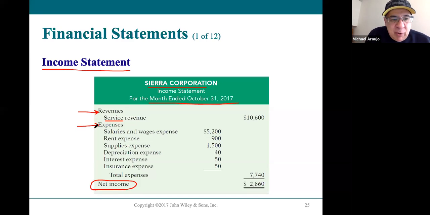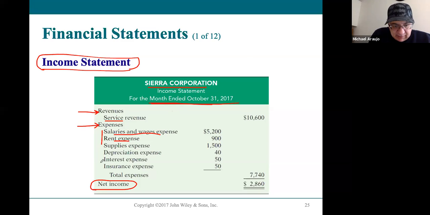Expenses are another category on the income statement. Expenses are all the costs that Sierra Corporation had to incur in the month of October to provide those tours to their customers. As you notice here, there are many different types of expenses listed.